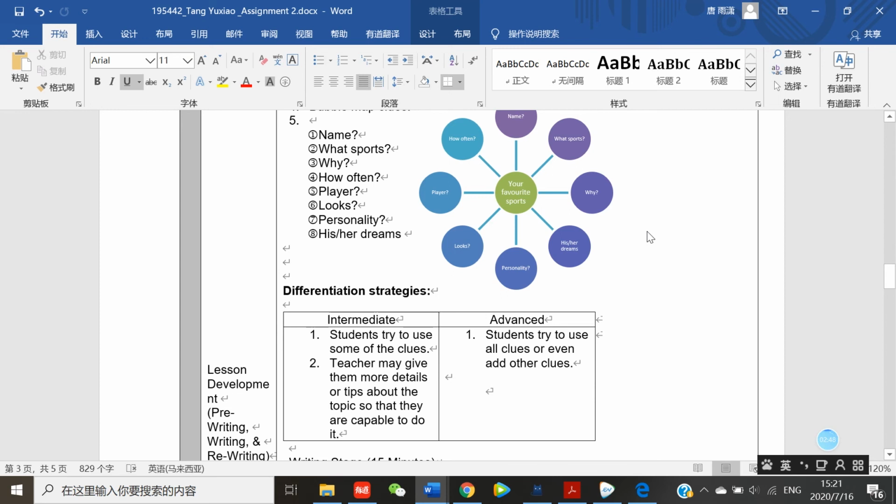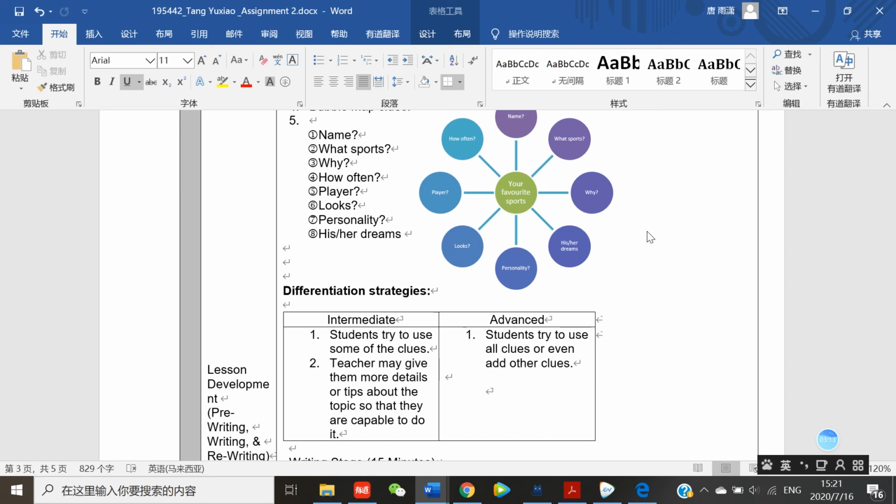Such like, the teacher could give them more clues, like, do you have any favorite players, or do you know which players when you watch the Olympic Games, or which country he is, like this.